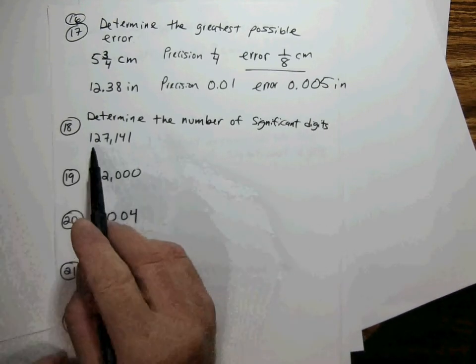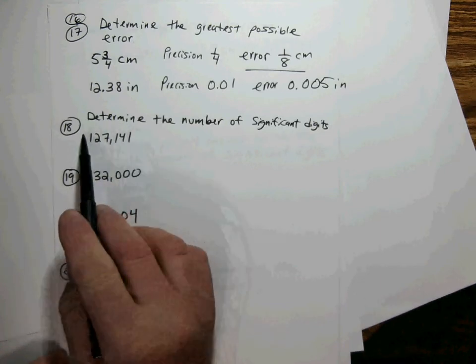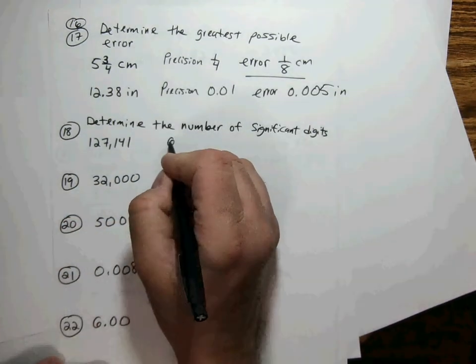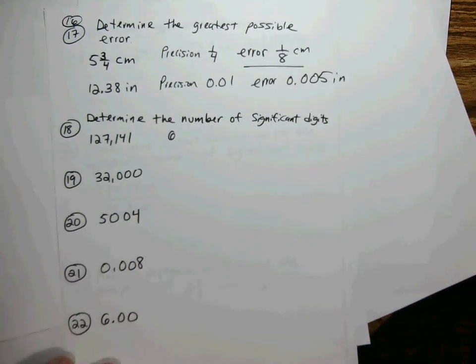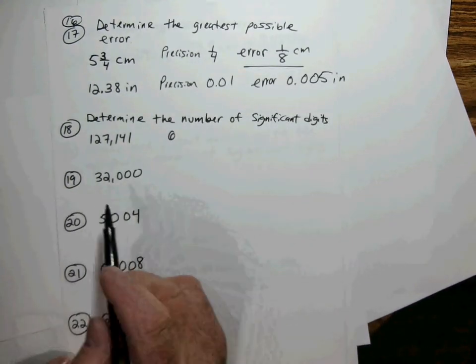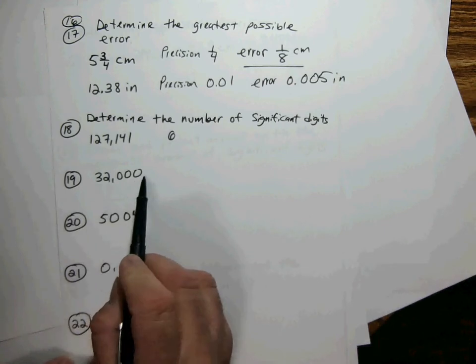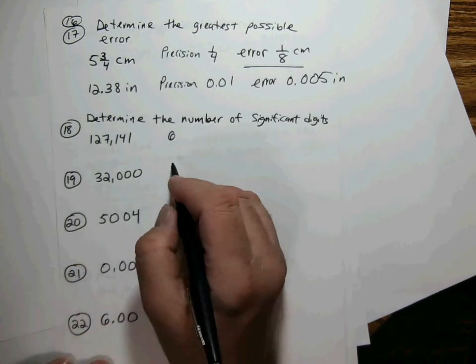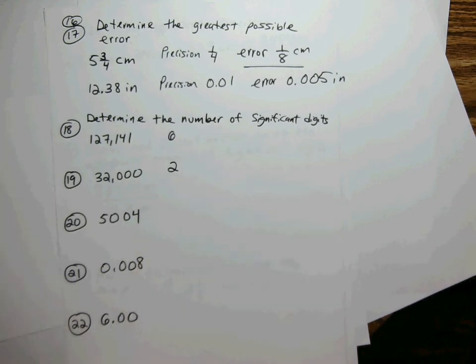So this first one, I have no zeros at all, so I can just say all 6 of those non-zero numbers are significant, so 6 significant digits. Here I've got 32,000, but no decimal point, so these trailing zeros are not significant. So there's only 32 there, or only 2 significant digits.